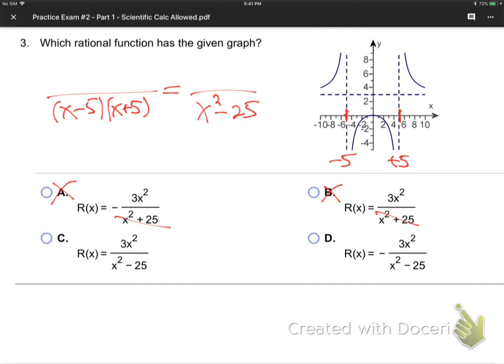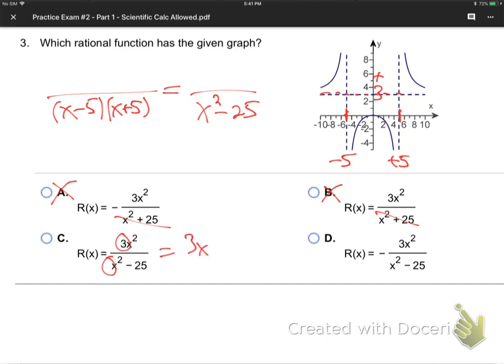How do we know which one? Don't be too quick. Look at the horizontal asymptote, which is at positive 3. Which one of those has a horizontal asymptote at positive 3? Well, for horizontal asymptotes, we take the highest power on the top, highest power on the bottom.